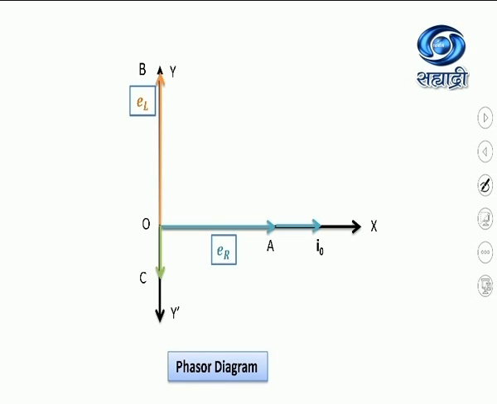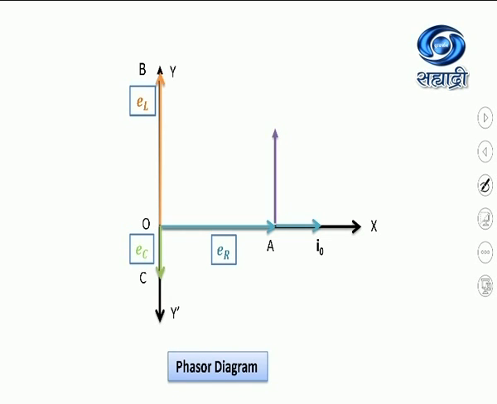For the capacitor, the EMF across the capacitor lags behind the current in phase by pi by 2 radians. EMF across the capacitor is represented by EC, and in the diagram it is represented by vector OC. Now EL and EC are in opposite directions.